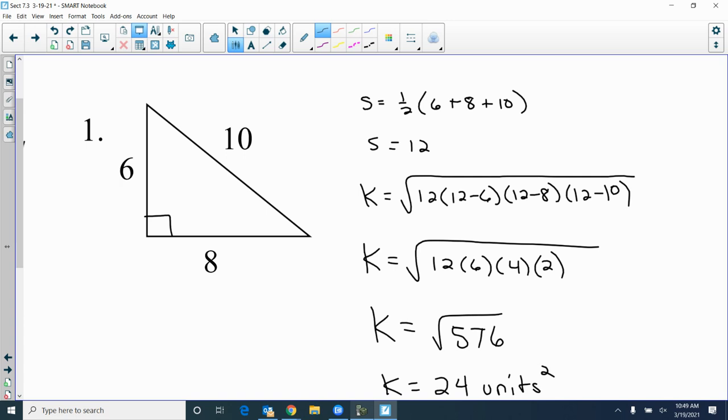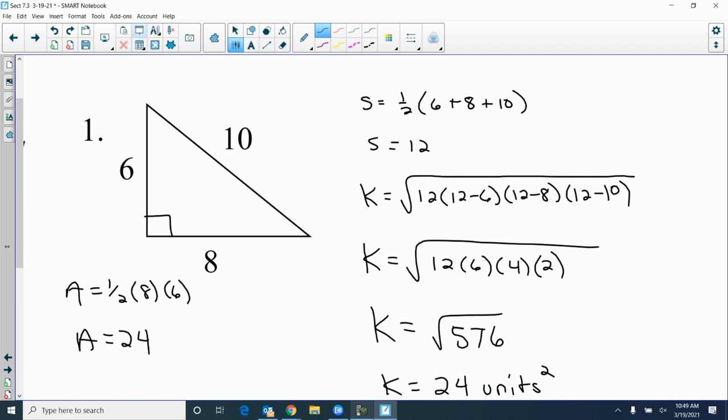If you do have a right triangle, I can use 1/2 base times height, which would be 1/2, my base is 8, my height is 6. That still gives me 24. So I just want to make sure you understand good old Heron is correct. This formula will work with that right triangle.